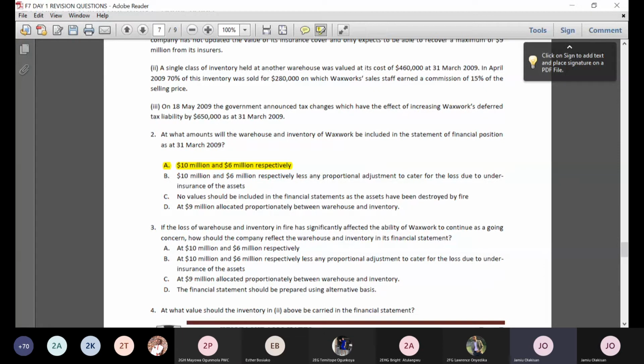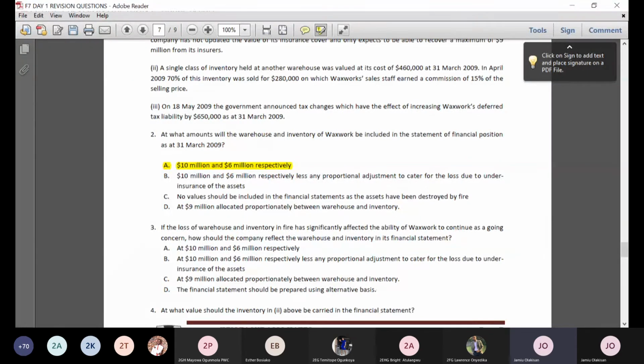Non-adjusting event means, despite the fact that as at the day you were approving the financial statement those assets are no longer there, were they there as at the end of the year, 31 March 2009? The answer is yes. Fire only destroyed them after the end of the year. So you will not adjust the financial statement.